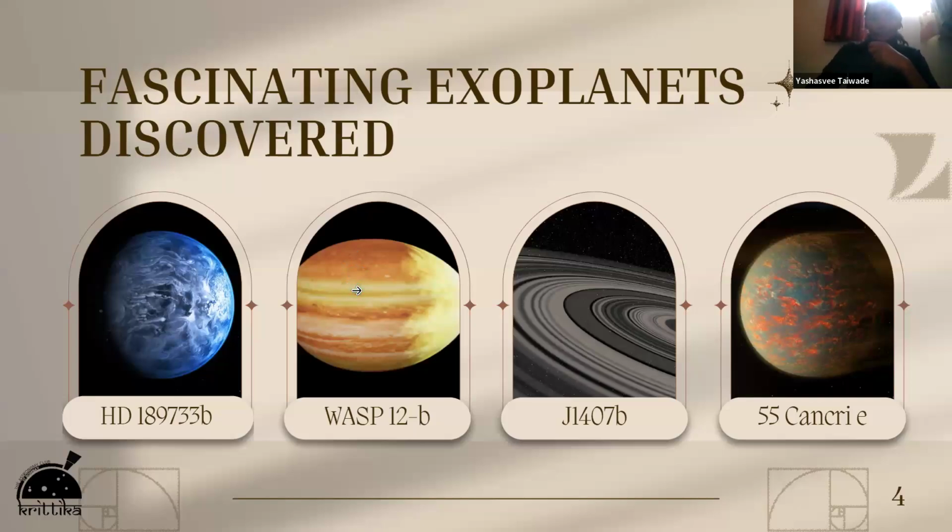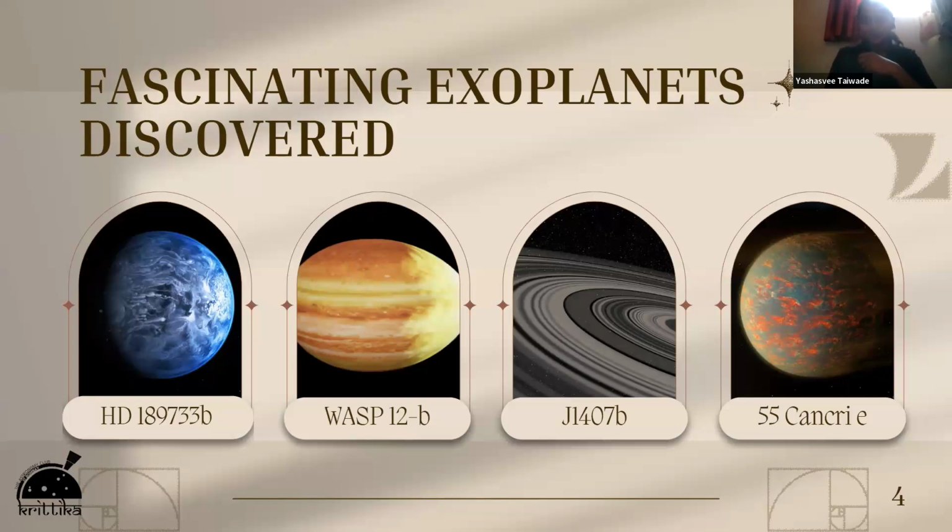Next is Wasp-12b. From the shape, you can see that it is an oval shaped, egg shaped planet. There is a reason for that. The planet is very close to its star, so because of the tidal forces from the star, it attains an egg shape. Next, we have J1407b.